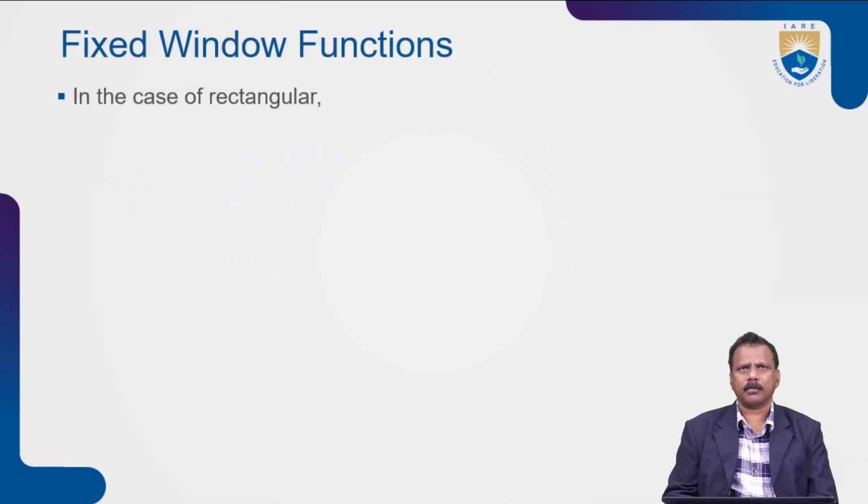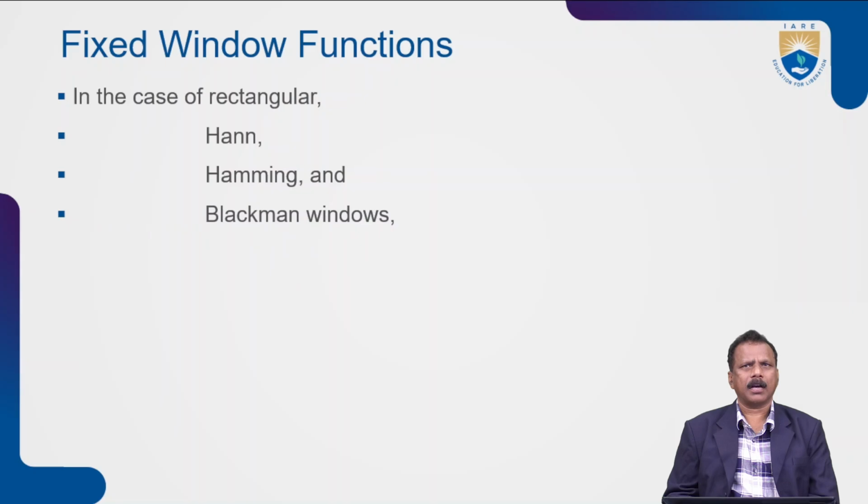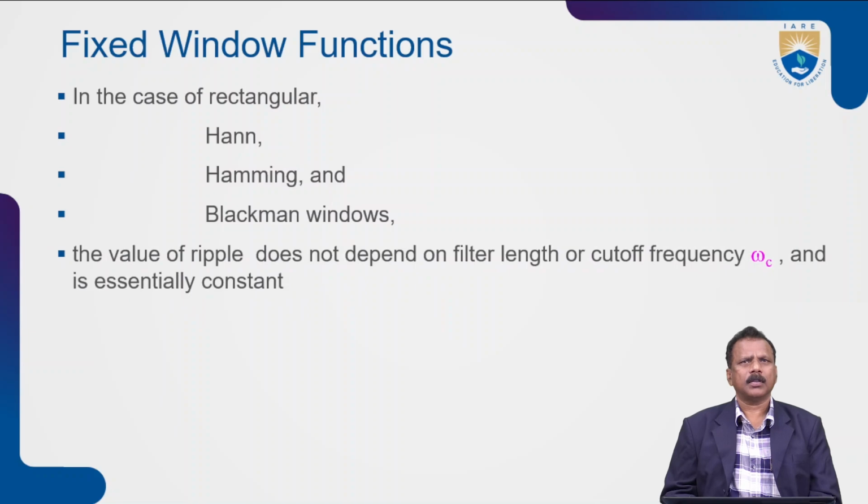It is suitable in the case of the rectangular window, Hann window, Hamming window, Blackman window, Kaiser and Gaussian windows, and so on. Especially in the case of the rectangular, Hann, Hamming and Blackman windows, the values of the ripple do not depend on the filter length or cutoff frequency omega c, and are essentially constant.